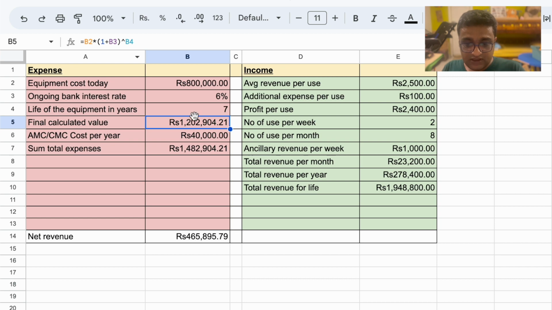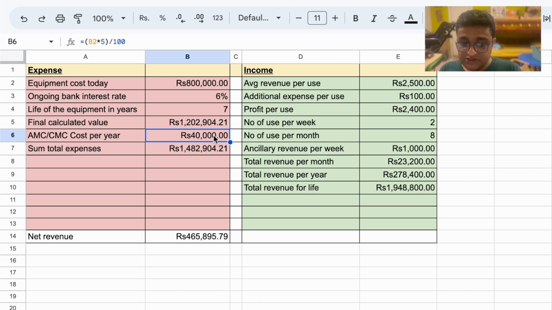You will see that the total calculated value is coming to around 12 lakhs. Had you not bought this equipment and had taken this 8 lakhs and invested somewhere, it would have been at least 12 lakhs in 7 years. Understand, this calculation considers that you have not financed the equipment and you have done an outright purchase.